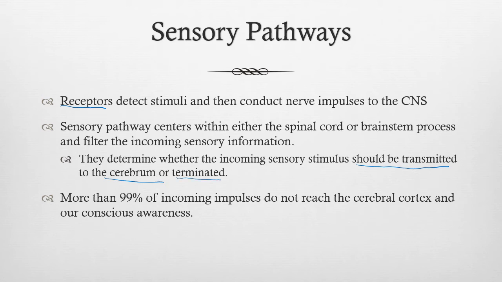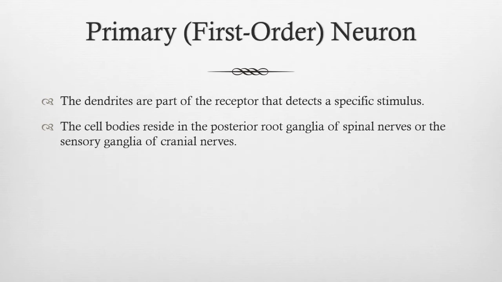Can we terminate that information? In some cases, if the stimulus is constant, we basically turn off that information. The majority of information is actually ignored. So we're not always being bombarded with all the information that comes into the spinal cord or the brainstem. Not all of it makes it up to the cortex, and we're not overwhelmed by all of this sensory input coming in.